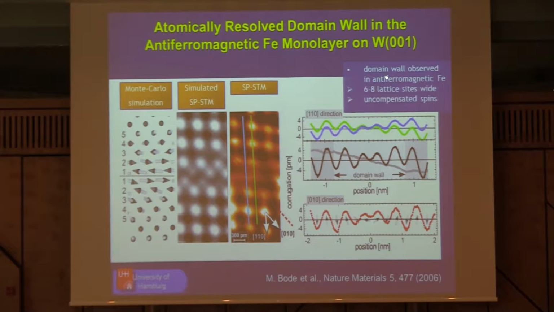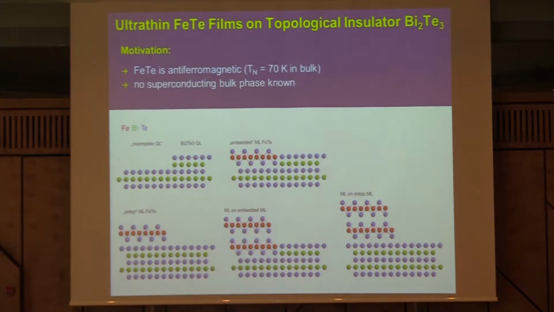Basically, this domain wall width is only about 6 to 8 lattice sites, and we did Monte Carlo simulations with the DFT parameters as an input and compared the simulated spin-polarized STM images based on these Monte Carlo simulations with the experimental data, and found a very nice agreement. At that time, this publication was not so well recognized, but in the meantime, a lot of theory groups have been working on domain walls in antiferromagnets, and so this work is much more recognized these days.